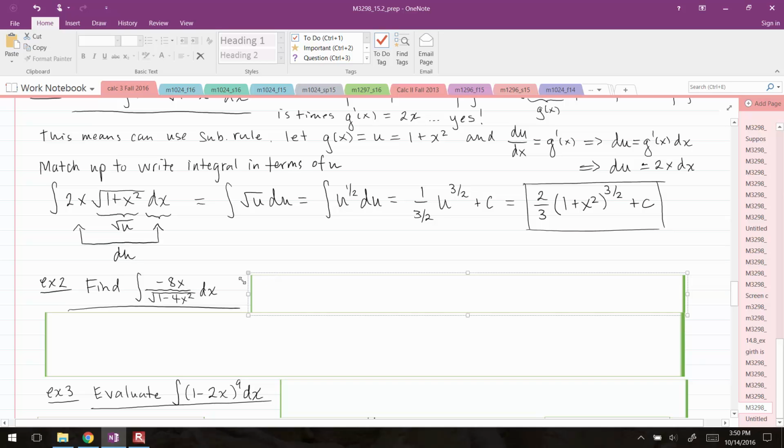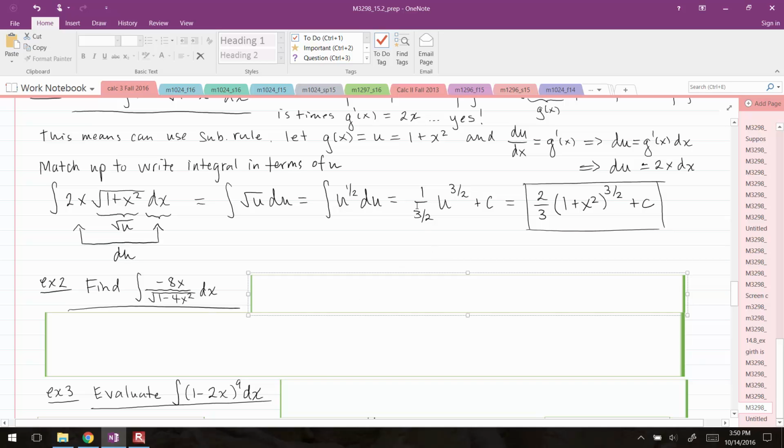So I'm looking to use the substitution technique, and my first step there is to identify the composite function. So the composite function here, at least part of that, is the square root of 1 minus 4x squared in the denominator here. So that is definitely a composite function down there, and your u, or g of x, would be 1 minus 4x squared.